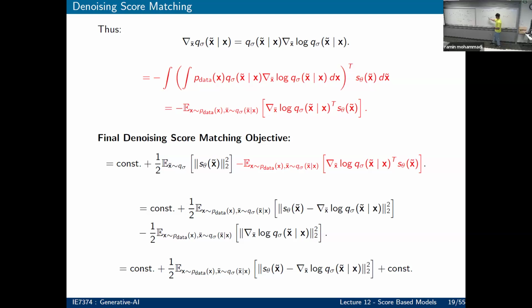Minus 2 times this times that. Okay, so we have 1 over 2, just leave the 1 over 2 outside. So we have minus this times that, so s theta x times gradient of log q, this term, correct? So this part is this part. The only term which is missing in order to have this equation is this term.